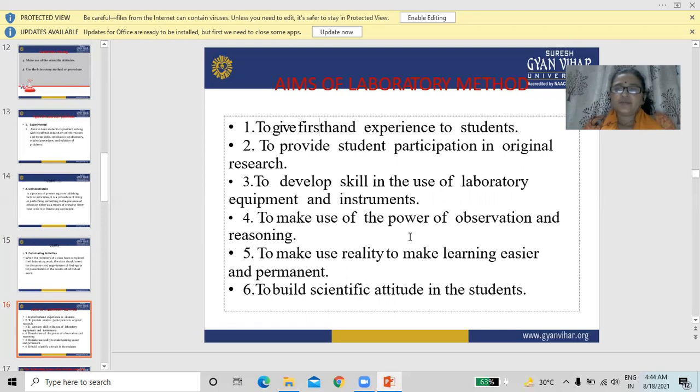Next aim of laboratory method is to develop skill in the use of laboratory equipment and instruments. Next aim of laboratory method is to make use of the power of observation and reasoning.